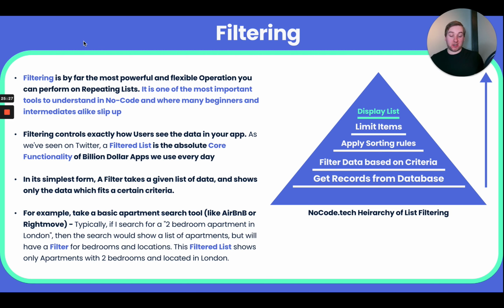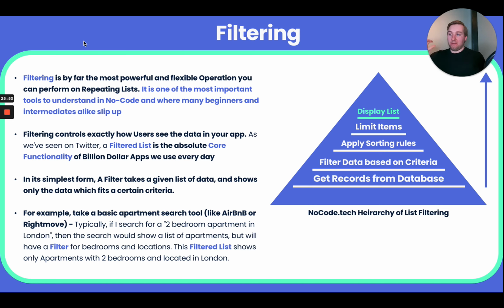Really basic example I've given down the left here. Take a basic apartment search tool like Airbnb, Rightmove, Idealista, Trulia, whatever's relevant in your country of origin. Typically if you search something like a 2-bedroom apartment, and I've put London here because I'm in the UK, but if you search 2-bedroom apartment in whatever location, the search is going to show a list of apartments.